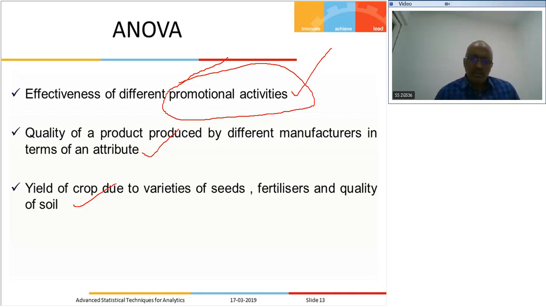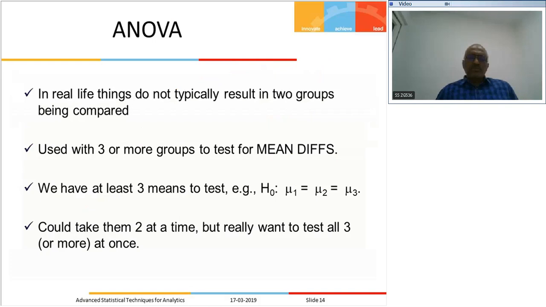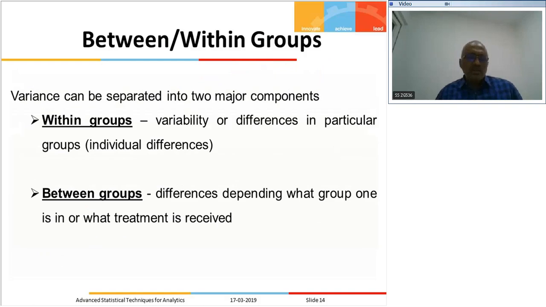Then analysis of variance comes in. So what to do in ANOVA? Here in ANOVA, as I have mentioned, we will take the help of variances. With the help of variances, we will validate the hypothesis.